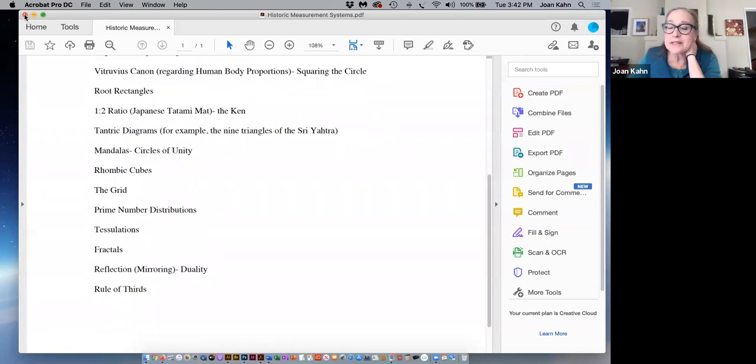Why do I do this? Well, I think you're going to find many occasions in the future when you're designing and you need to repeat. And you might say, well, how am I going to repeat this? What numbers am I going to use? What proportions should I use? And I don't want you to have to reinvent the wheel. These are systems that have been used for thousands of years throughout human history.